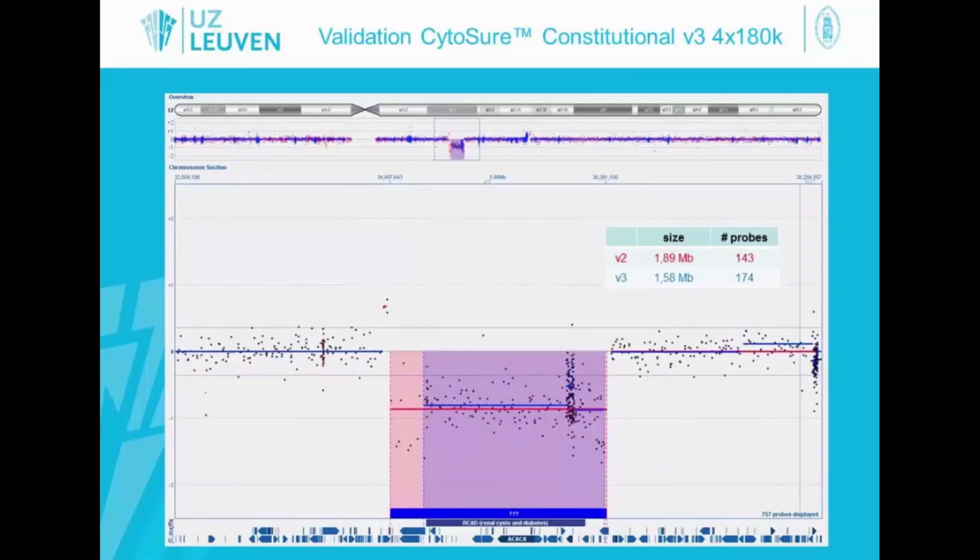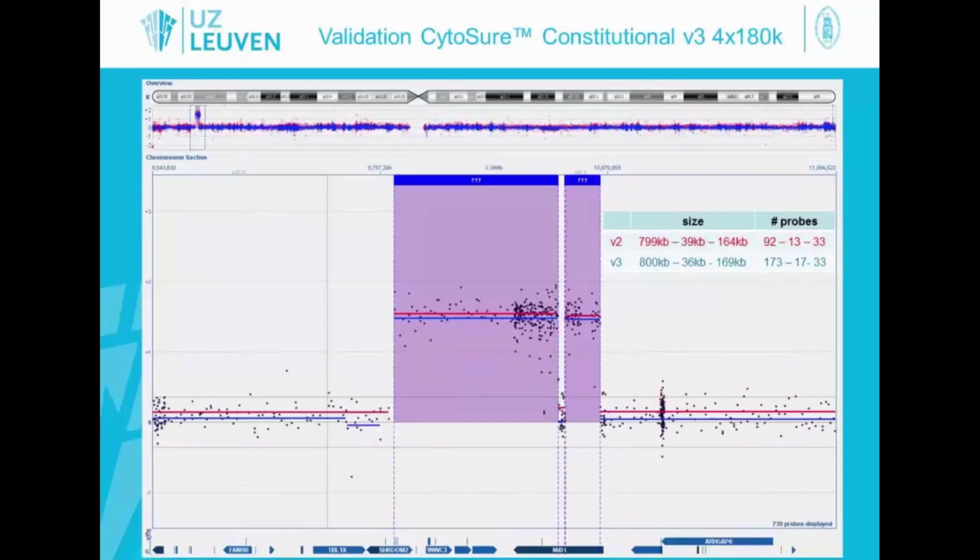This is a deletion of the ARCAT region, and here you see that for the V2 the region is somewhat larger than on the V3 platform, but also this has no consequence for reporting. The deletion is detected, and we will issue the same report independent of the platform used.